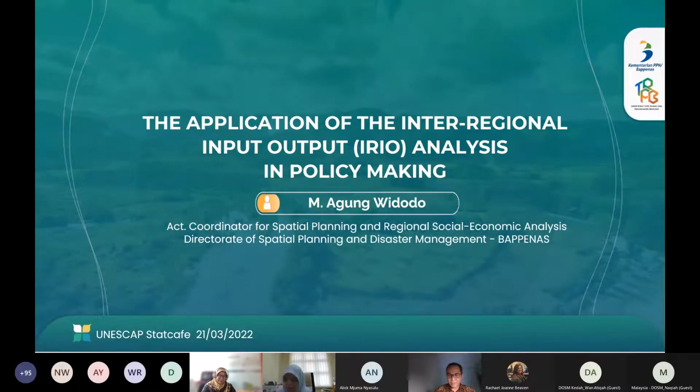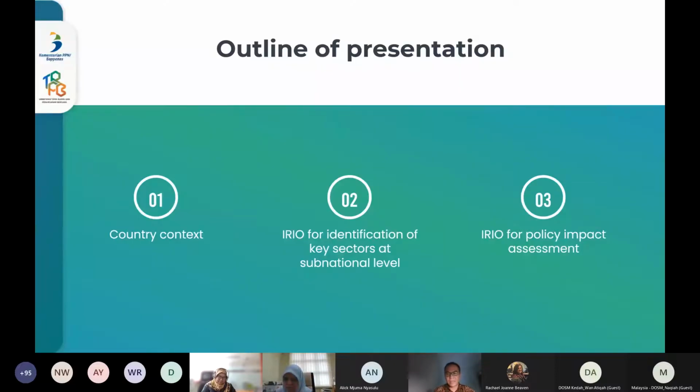The good thing is that Bappenas and BPS have good coordination and discussion about the expansion of the previous ERIO. This new ERIO includes more industries, which is good for us in planning. Now it includes 52 industries and covers 34 provinces, while our previous ERIO in 2005 only included 35 industries and covered 30 provinces.